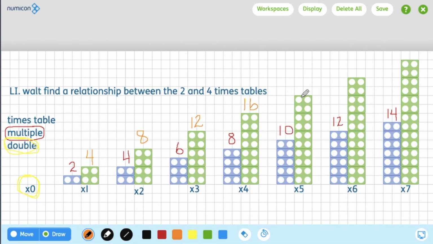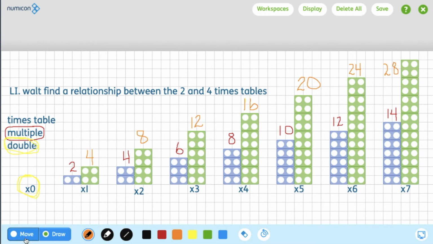10, that's a nice easy double. 2 tens is 20. Two 12s is a bit trickier, but 2 tens is 20 and 2 twos is 4, so 24. And if I want to double 14, I'm going to end up with 28.